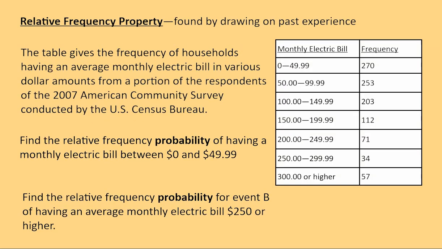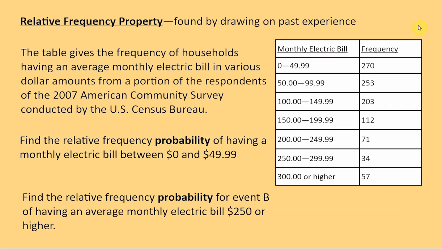The relative frequency property is found by drawing on past experience. So this table gives the frequency of households having an average monthly electric bill in various dollar amounts from a portion of the respondents of the 2007 American Community Survey conducted by the U.S. Census Bureau. We are to find the relative frequency probability of having a monthly electric bill between 0 and $49.99.